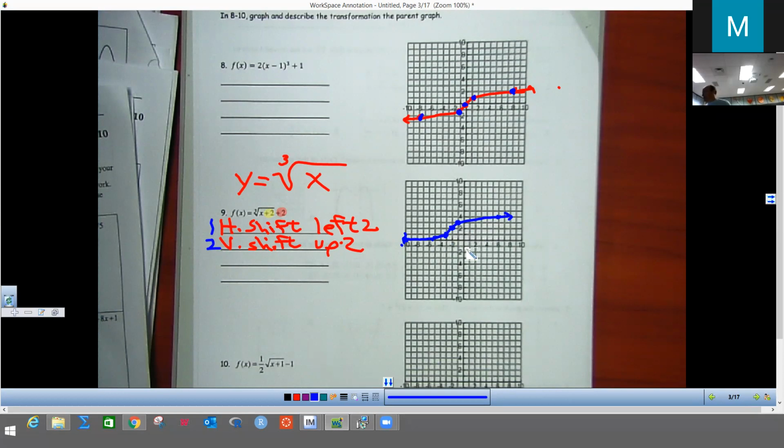Does anybody else have anything you want me to do on any problems? Anything else you want to do about anything dealing with these transformations or inverses? That's what your test is going to be about on Monday and Tuesday.